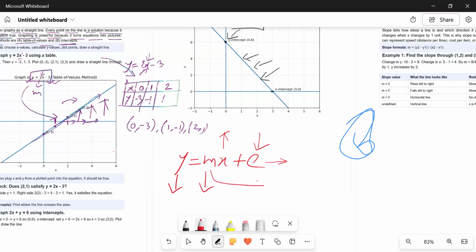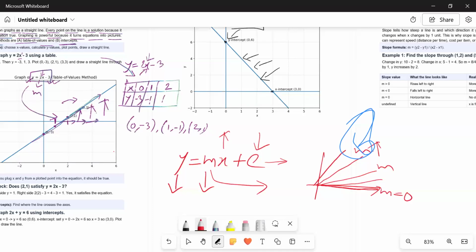M, this is the slope, and we know that m actually tells us how steep the line is going to be. When the value of m is decreasing, the line is going to be less steep. So for this the value of m is much higher, for this a bit lower, lower than lower. On the x-axis the value of m is 0, and here the value of m is going to be much higher.